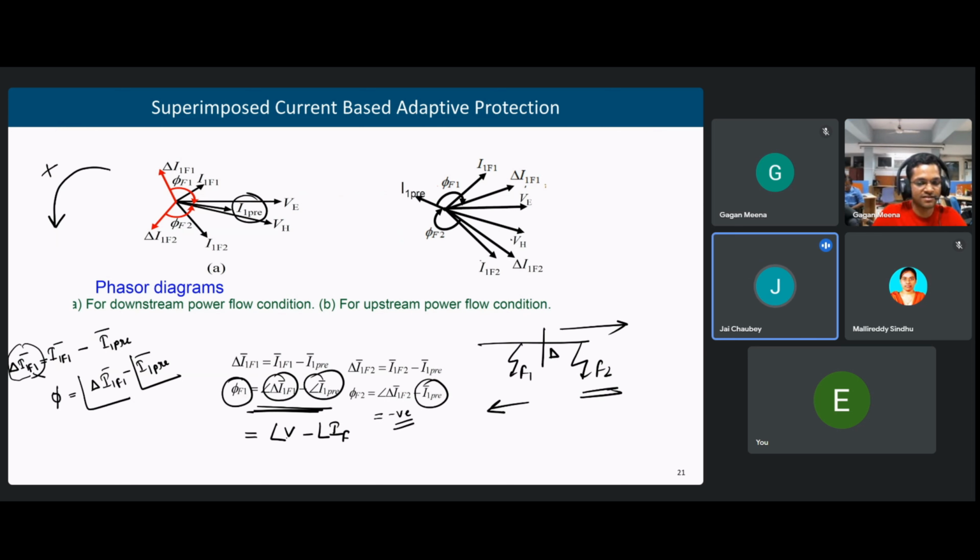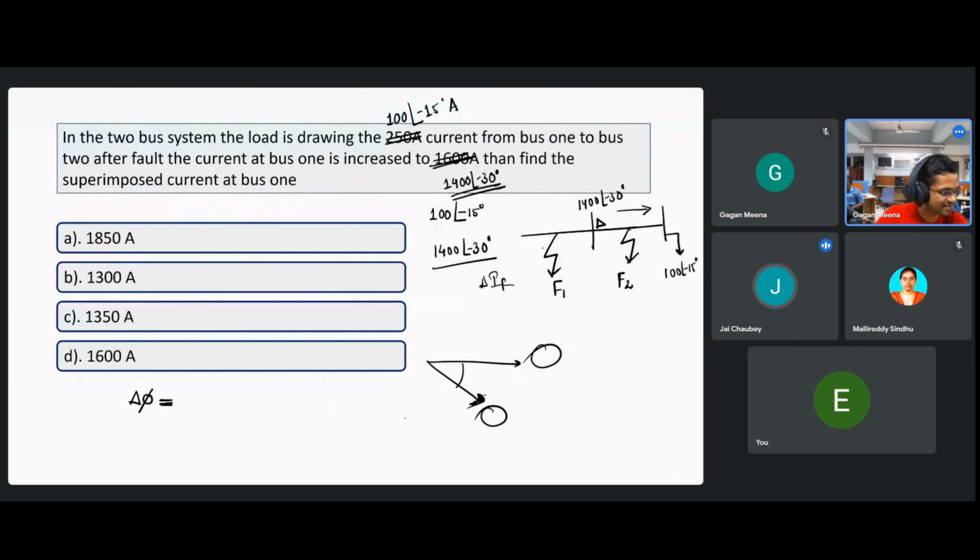In this case, superimposed minus pre. So which one is the polarizing quantity here? Superimposed. So this is polarizing and operating is the pre-fault current, the positive sequence current. So the polarizing quantity is the superimposed current and the operating quantity is the positive sequence current. Yes, now clear.